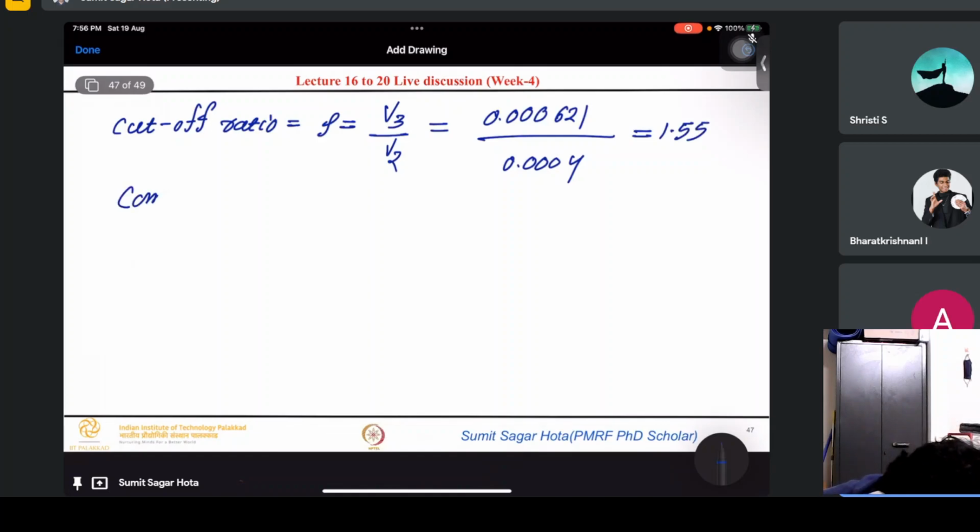Compression ratio r is equal to V1 by V2.